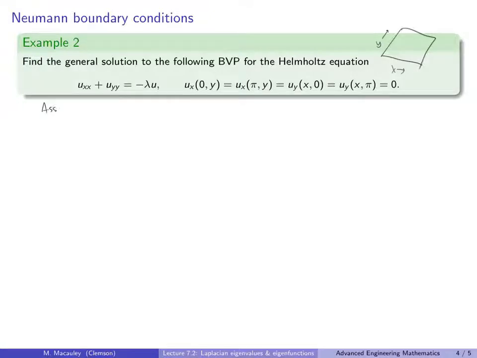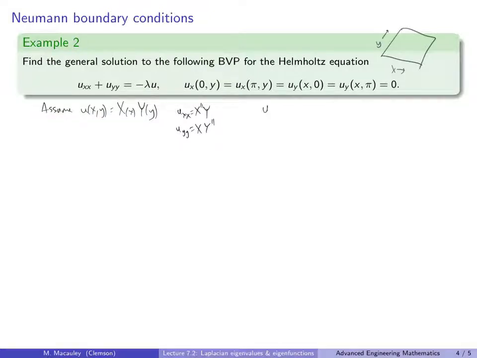So we're going to assume that u of x and y is big X of x times big Y of y. And we know that uxx equals X double prime Y, uyy equals X Y double prime. Now these boundary conditions are a little bit different.